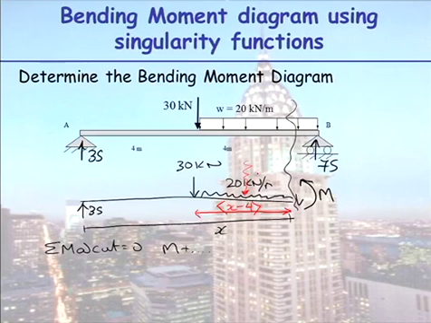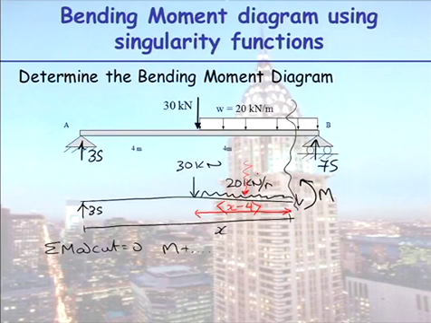You need to know what the equivalent point load is down there. And what is that equivalent point load equal to? No, it's not 80. You have to look at your free body diagram now.